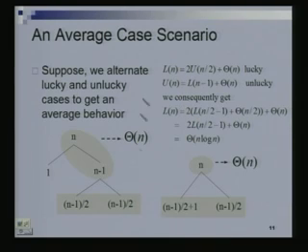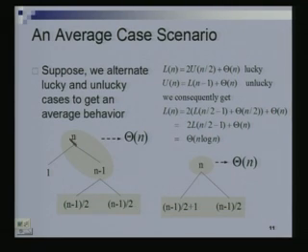Okay, we'll do a formal analysis starting from the next slide, but just to give you a little more motivation on this. Suppose we were to alternate the lucky and unlucky cases. Even then you can prove a log n depth. So what was our unlucky case? 1 and n minus 1. And what was the lucky case? n minus 1 divided into n minus 1 by 2 and n minus 1 by 2.